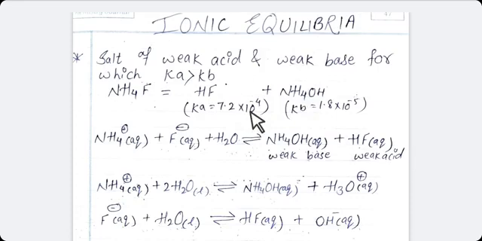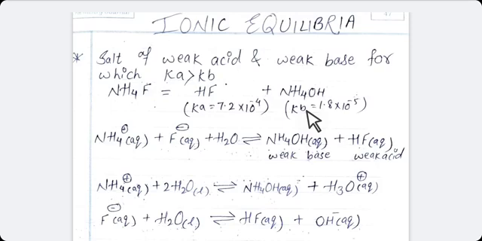HF having a Ka value, Ka means dissociation constant of acid. So HF has a Ka value of 7.2 × 10⁻⁴, and ammonium hydroxide has a Kb value, Kb means dissociation constant of base.